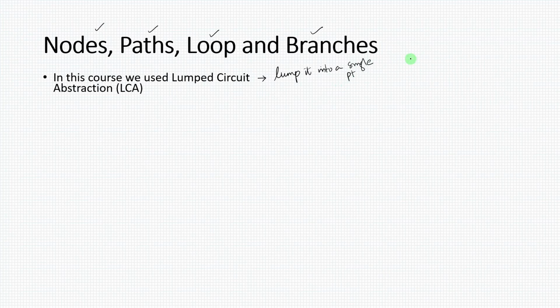Let me give you a formal definition for resistance as well. Of course, we will be dealing with resistance when we look into the concept of Ohm's law. Now, basically, the definition of resistance is the ability of a material to oppose the flow of current.